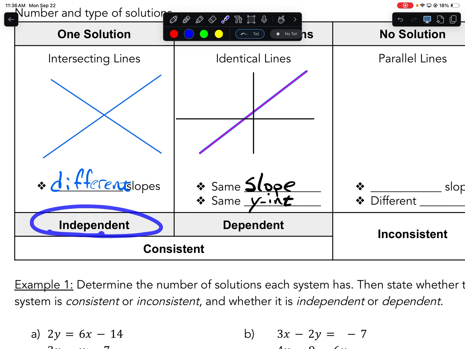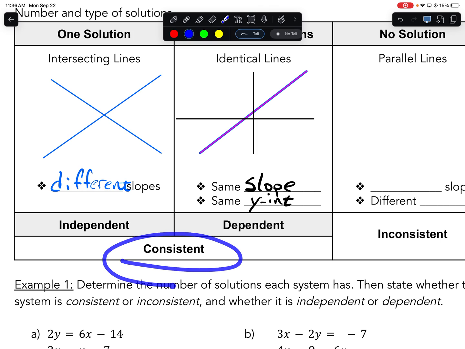So the way I think about this, right here, it's independent because there's one solution. If you think about an independent person, they're off by themselves. I can do it all alone, right? And then this one's dependent because every little dot along this line depends on the other dot because they're all on the same line, right? So that's why it's dependent when every single solution depends on the other.